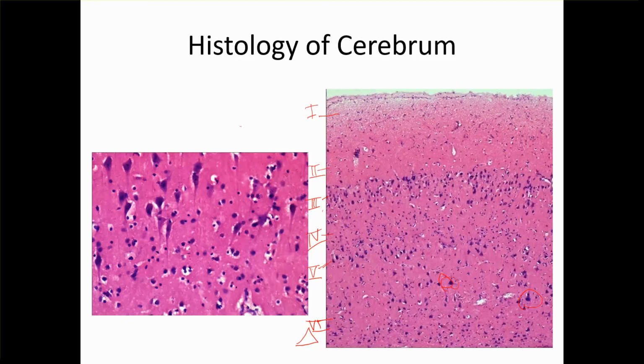So when you hear the word corticospinal or pyramidal, corticospinal tract, pyramidal tract, they all start from the fifth layer. The pyramidal tract starts from the fifth layer of the motor cortex, area number 4, and that's where it begins, and then it goes down.